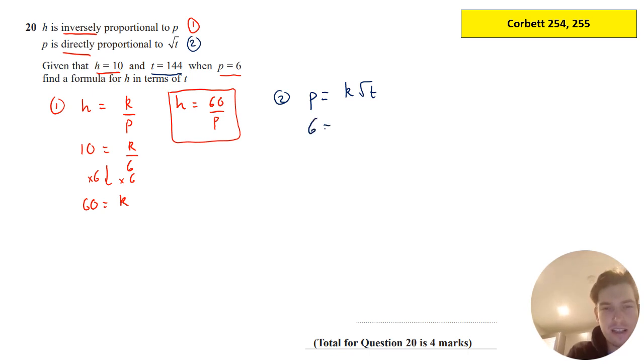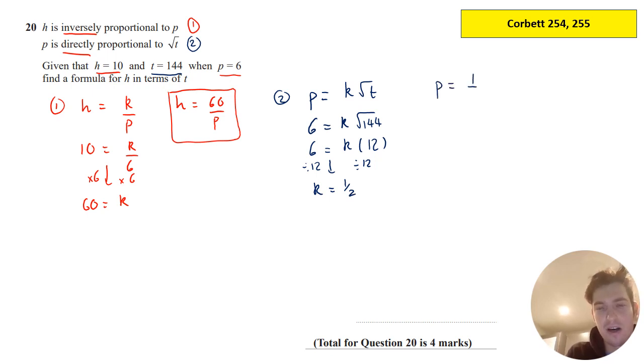So 6 equals K root 144. And the square root of 144 is 12. So dividing both sides by 12, 6 divided by 12 is a half. So I can write that as P is equal to a half root T. So I reckon I've already got a couple of marks here.